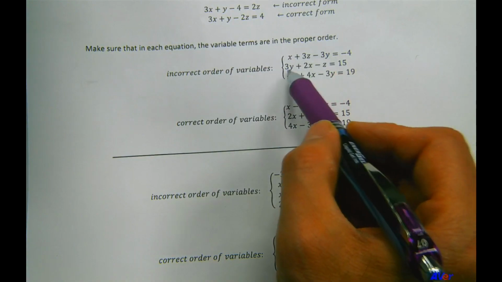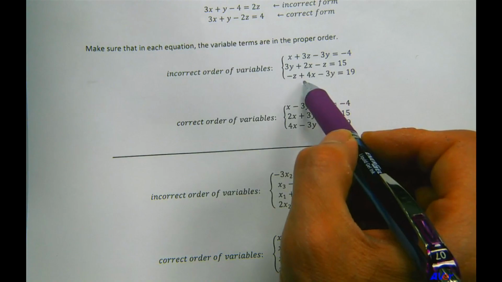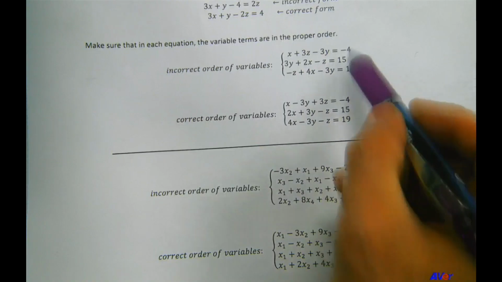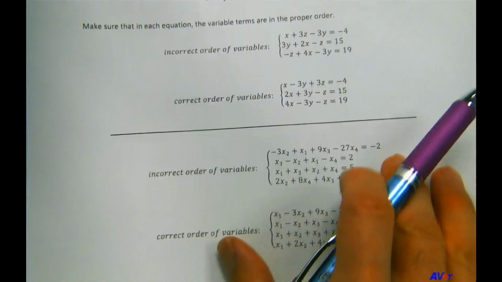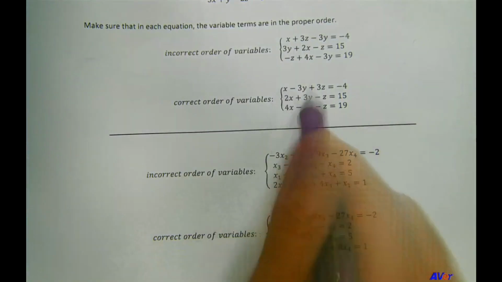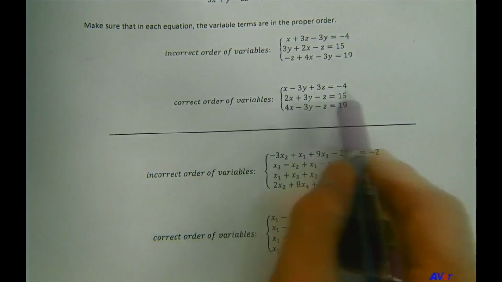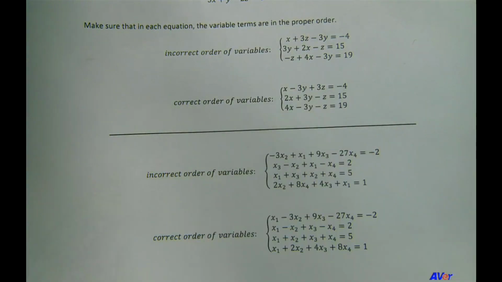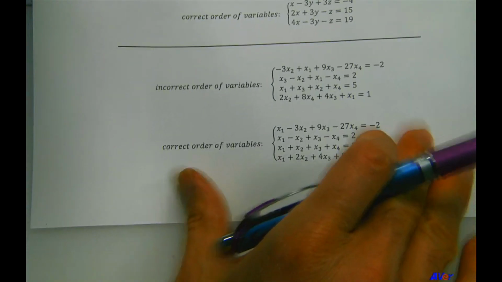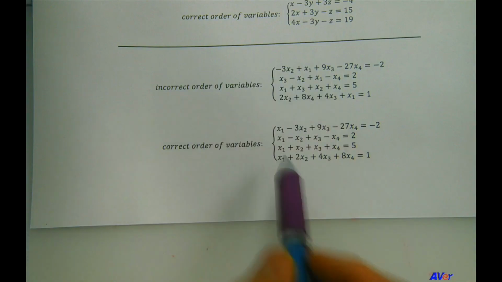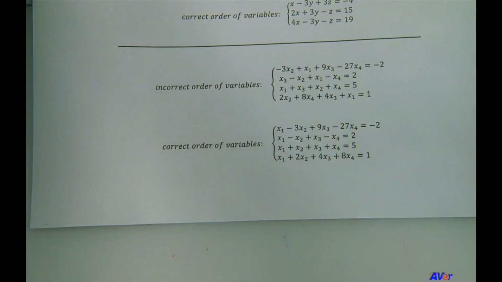Y, X, Z, that's out of order, or Z, X, Y. So we want to put those in order and make sure that all the constants are on the right side. And this is the proper order of variables: X, then Y, then Z. Okay, and right below that, there's also another example of the same incorrect and correct forms for a system of 4 equations and 4 unknowns.